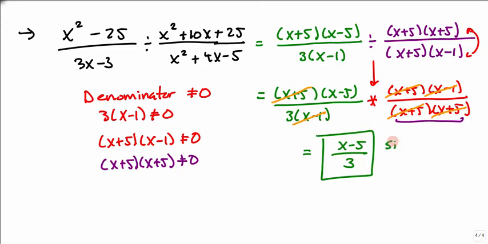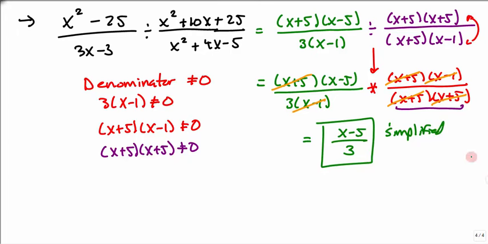This is my simplified expression. So this is one of my solutions. Now my second part to this solution are my domain restrictions. So if you want to think about this, what numbers need to be excluded? We're talking about domain restrictions there.